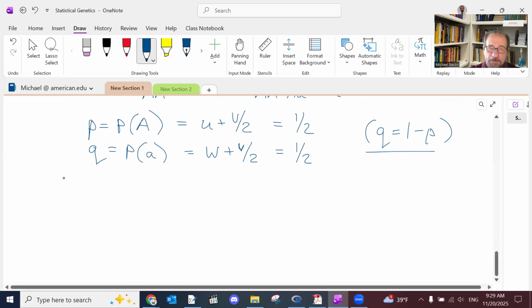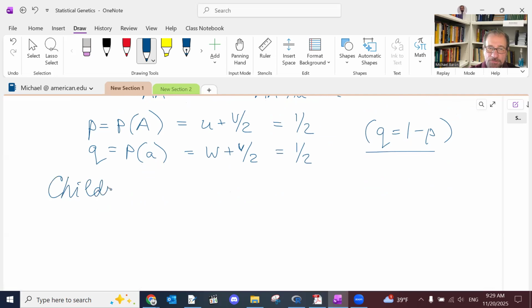So every child receives a dominant gene with probability 1/2 and a recessive gene with probability 1/2. Therefore, in the next generation, in the generation of children, U1, the probability of receiving both dominant genes, both father and mother giving the dominant gene. Each of them gives with probability 1/2, independently of each other.